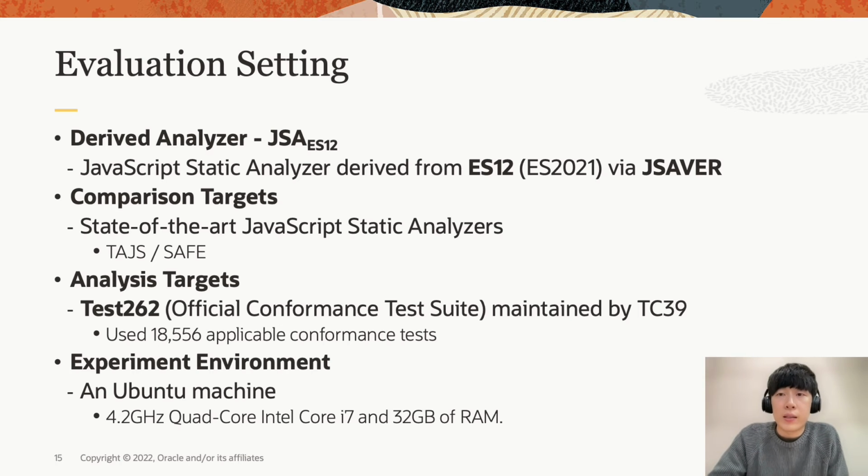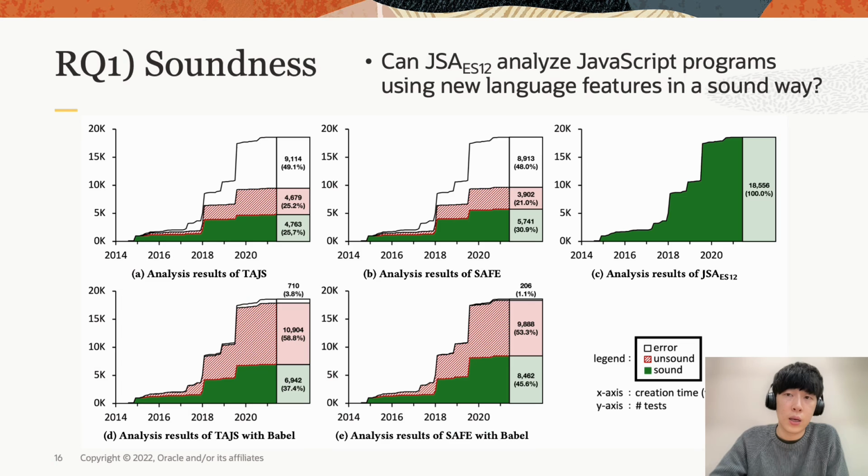To evaluate JSAVER, we derived a static analyzer for ES12, the latest version, and compared its analysis result with the state-of-the-art JavaScript static analyzers, TAJS and SAFE. The analysis targets are 18.5 thousand JavaScript programs in Test262, which is the official conformance test suite for JavaScript.